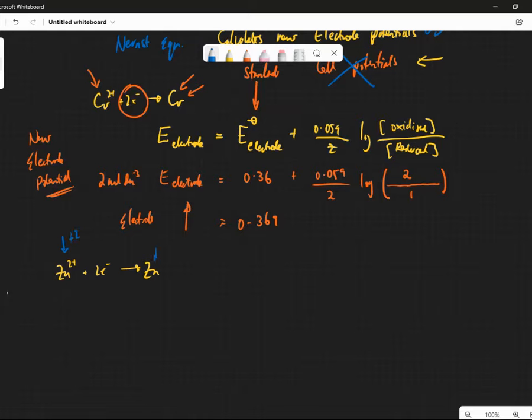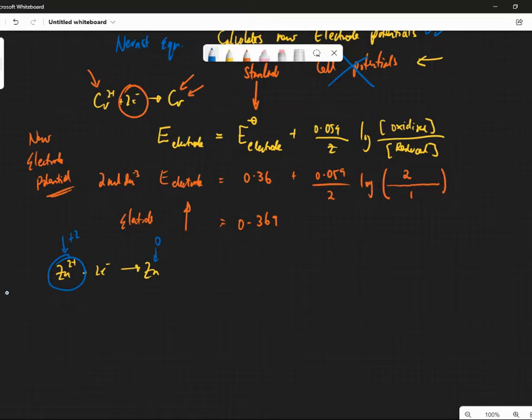What's the oxidation number of zinc there? Exactly. Which one is the oxidized form of the zinc, the plus 2 or the 0? I'm waiting. Which one is the oxidized form of the zinc? Exactly. It's that one. Yeah, that's the oxidized form.